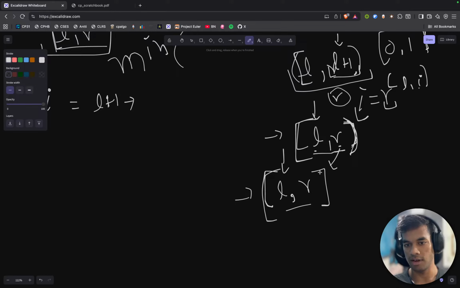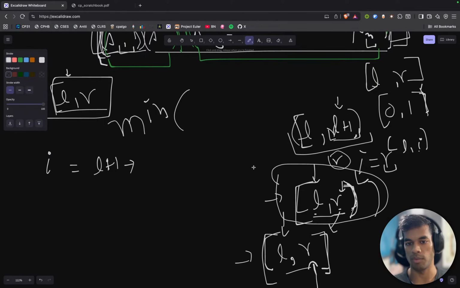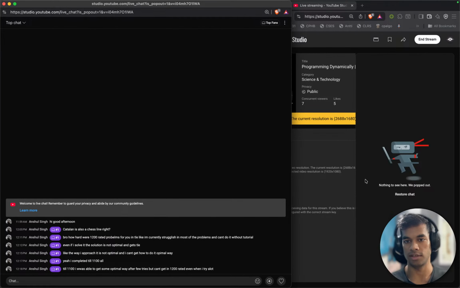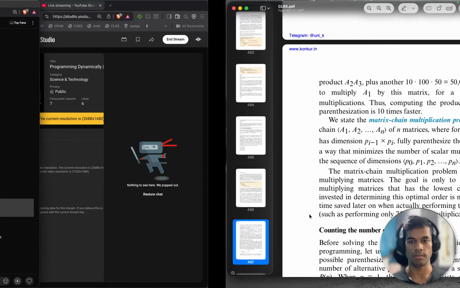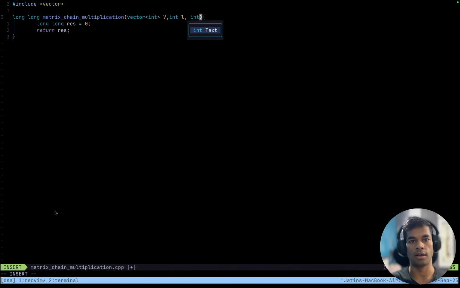But on the right side, here we have a rectangular bracket, so R is included, but here we have parentheses, therefore R is not included. So this subproblem size is smaller than the original problem size. So we are cool and we can move on and write the solution. Let's do this. Okay, so we will also need int L and int R.